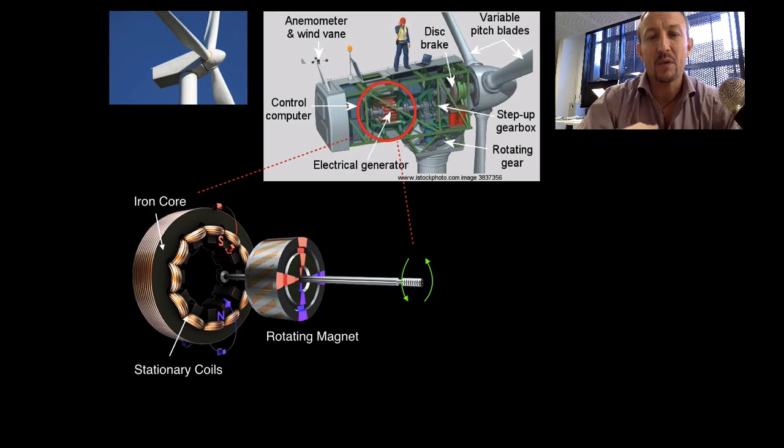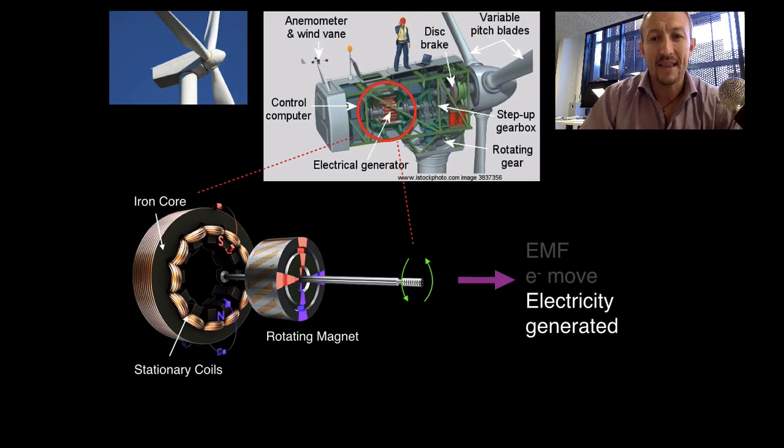A change linked with Faraday's law means a change in flux. Change in flux over time is going to generate an EMF or a voltage. So we get an EMF produced due to this kinetic energy which causes electrons to be moved, and this electric movement we call a current, driven by the voltage, because the voltage gives the electrons the energy to move from one place to another.